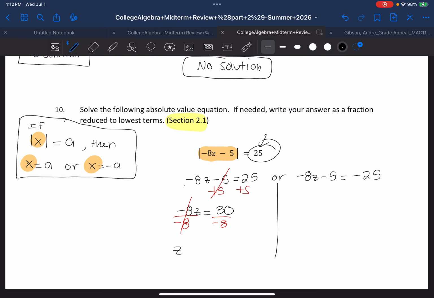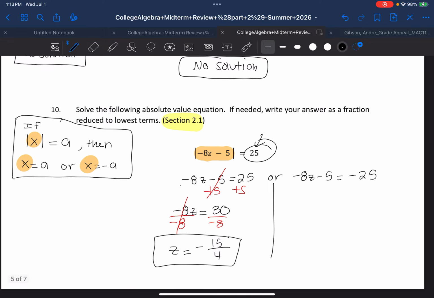So z will equal 30 over negative 8, and 30 and 8 can both be divided by 2. So that will be 15 over 4, and this is negative because one of those was negative. So negative 15 over 4. So this is one answer to this equation.